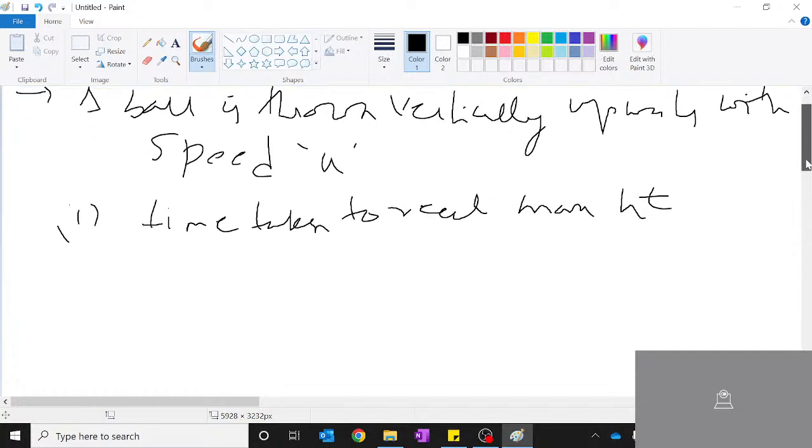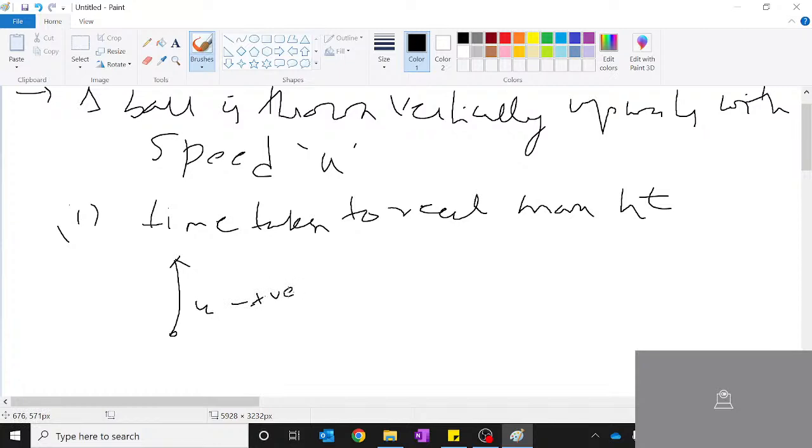Now tell me, the question says the ball is thrown vertically upwards with the speed u, correct? Since u is upwards, I'll take it as positive.